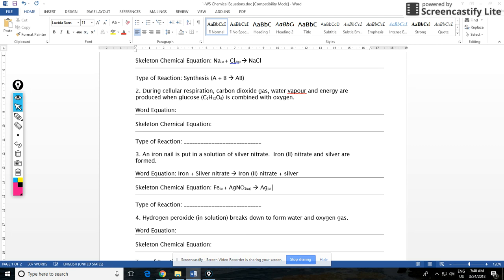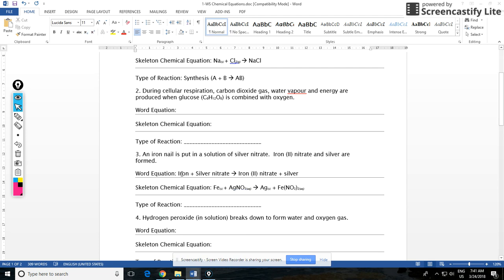We also saw that we had some iron 2 nitrate produced, and I figured that formula out using my crisscross method or my charge balancing method. And typically in this type of reaction, the other compound that's produced is going to be aqueous as well, so in solution.